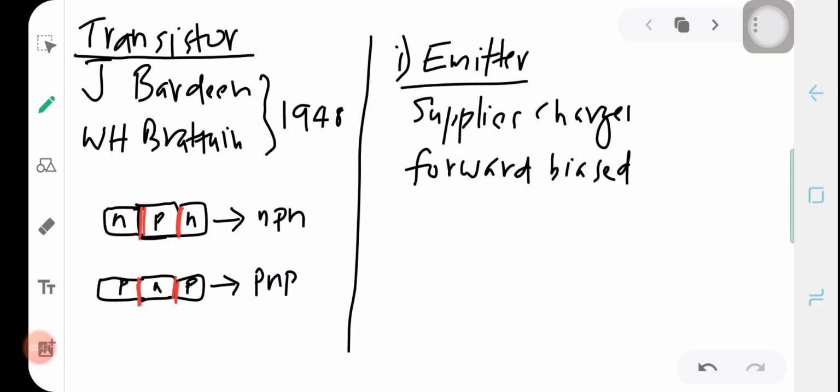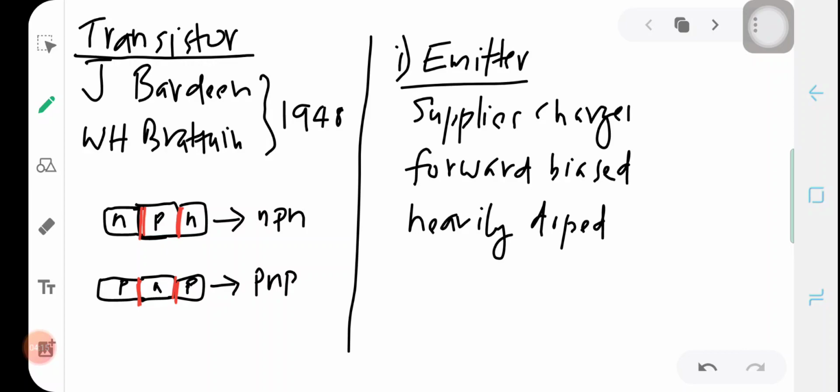Regarding the doping concentration, the emitter is heavily doped so that it can supply a large quantity of charges to the circuit. And since it is always forward biased, the resistance of this emitter base junction is very small.